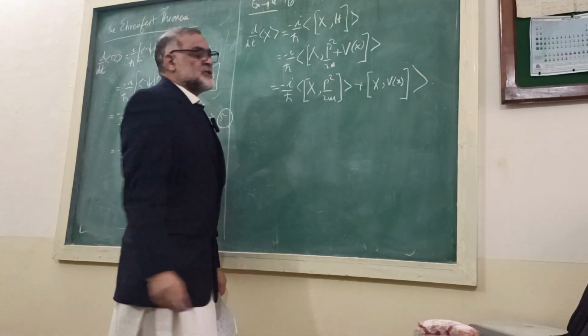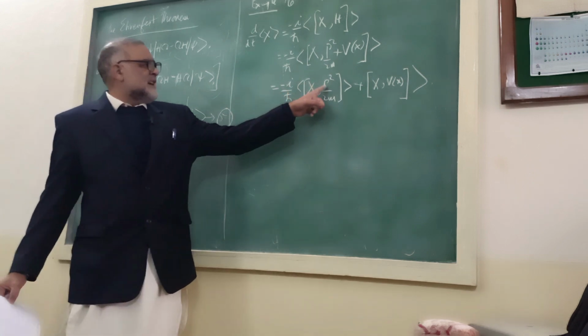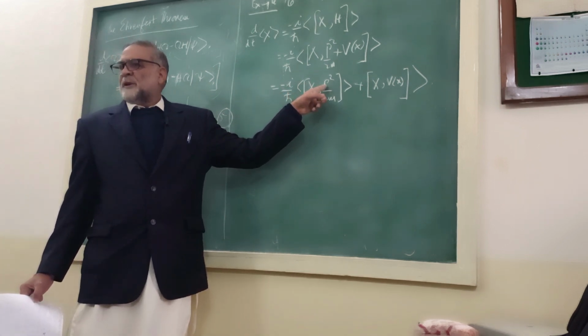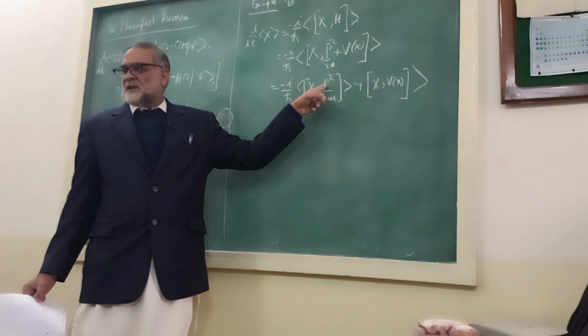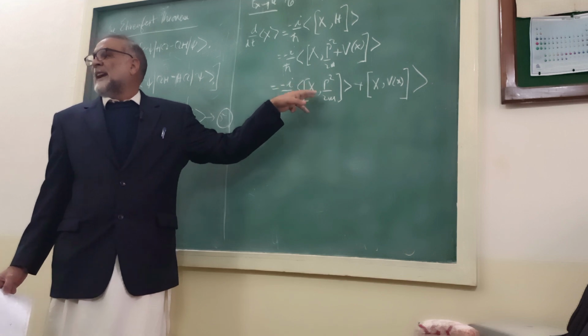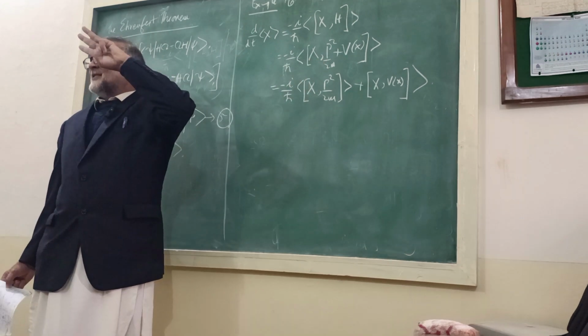Functions of operators. We know from the functions of operators, you can write p square as p dot p. So it should be like the commutator of A, B, C, three operators.